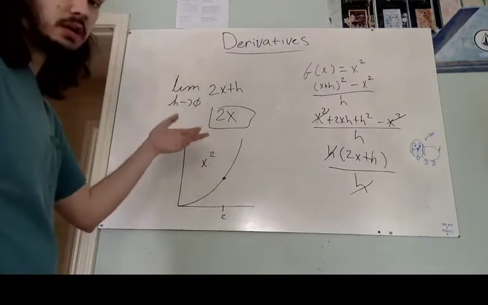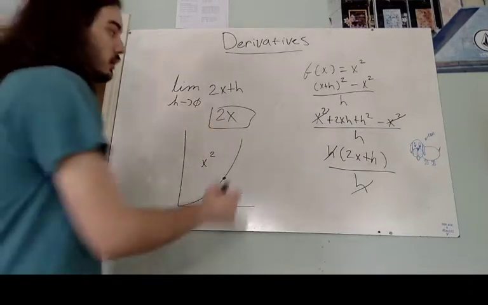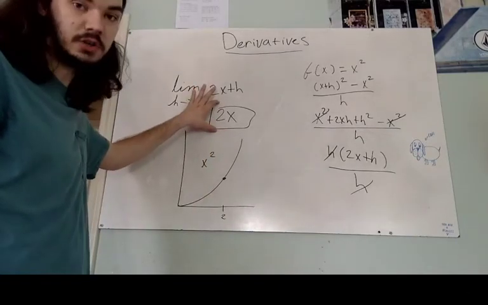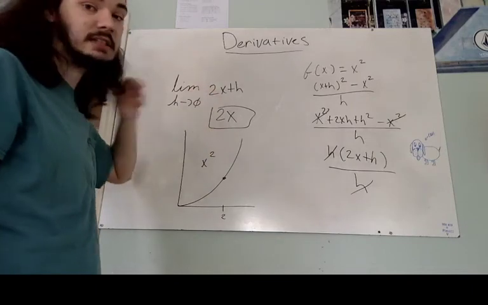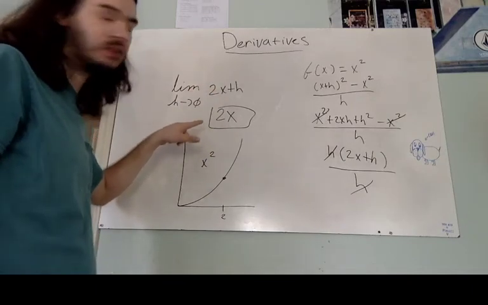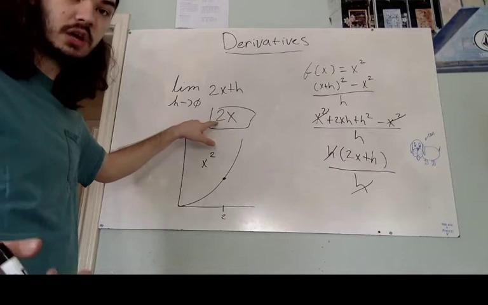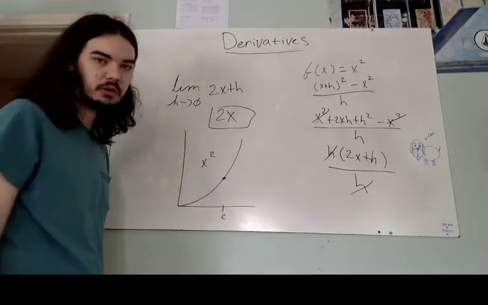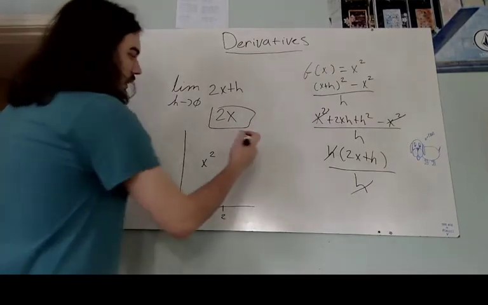So the rate of change will be 2, basically I'm just plugging in 2 for x here, because this is the function of the rate of change. Any x value I plug in for this is going to tell me the rate of change of this function, x squared, at that given x value. So if I plug in 2, I get 4, right?